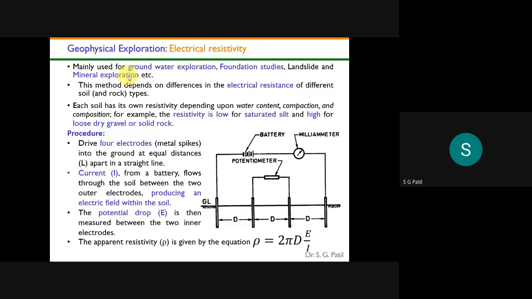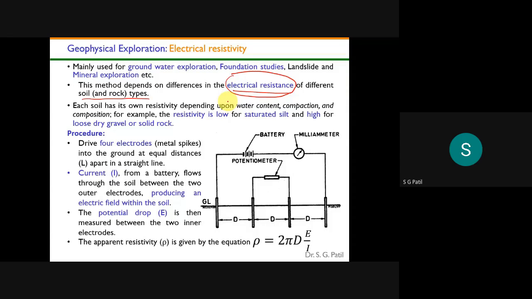Even for the geological purpose also you can use this test. But mainly it has started from the geological point of view. This method depends on the difference in electrical resistance of different soil layers. Okay, so here the main funda is the electrical resistance. Different soil layers will offer you different electrical resistance.